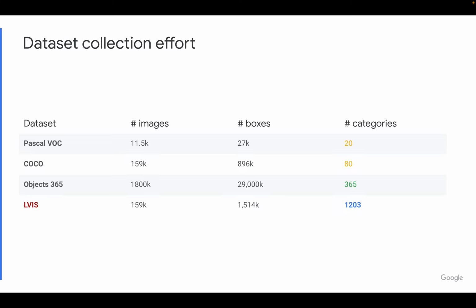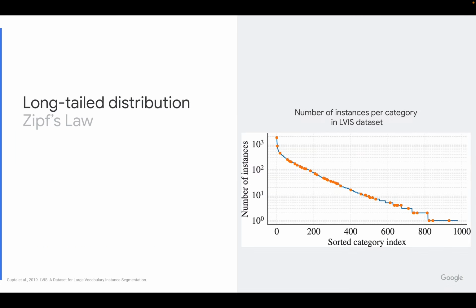So the research community is collecting detection datasets with more and more categories to enable large vocabulary detection. The very recent LVIS dataset marks a peak of such effort with more than 1,200 categories, and it is also the main dataset that we evaluate on.